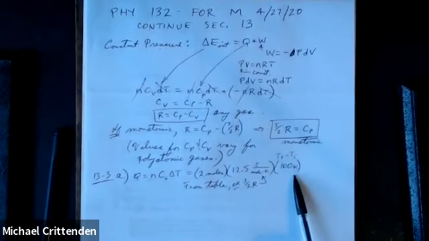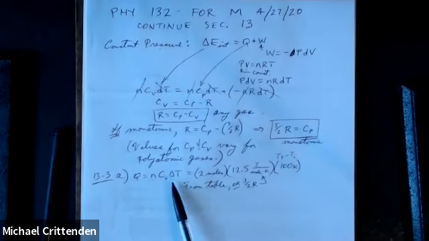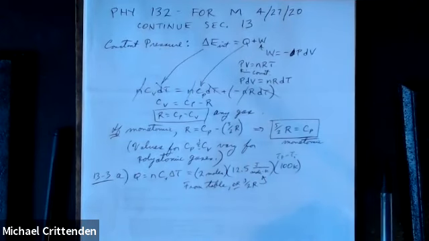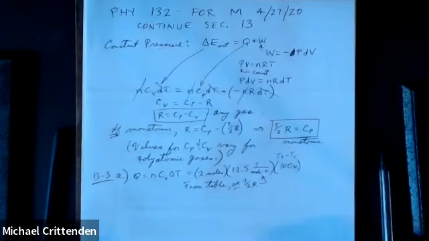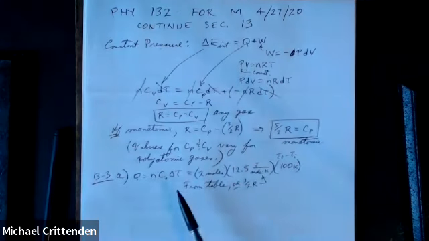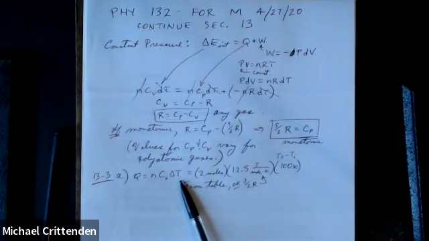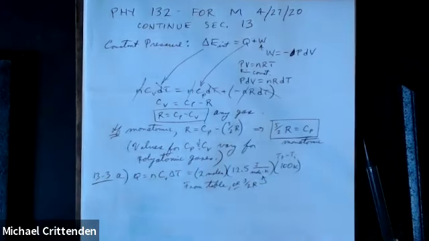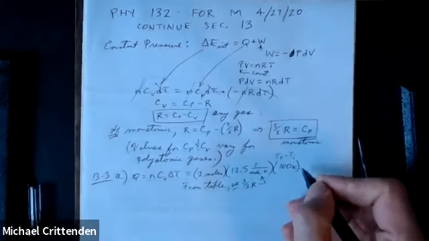Celsius and Kelvin are interchangeable when it's delta T, okay? Like if you go from the freezing to the boiling point, that's a change of 100 degrees. 0 to 100 Celsius, delta T equals 100. 273 to 373 Kelvin, that's a change of 100. When it's just plain T, the temperature itself, you'd have to add 273. But temperature changes are the same on both scales. So Celsius, Kelvin, same thing when it's delta T.